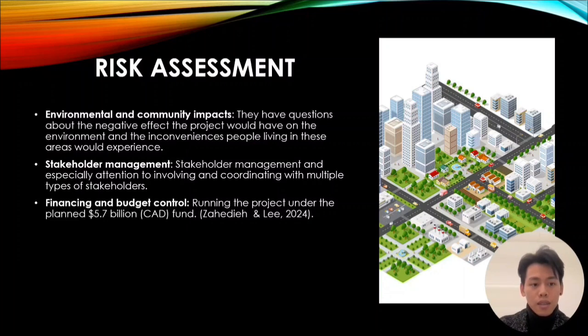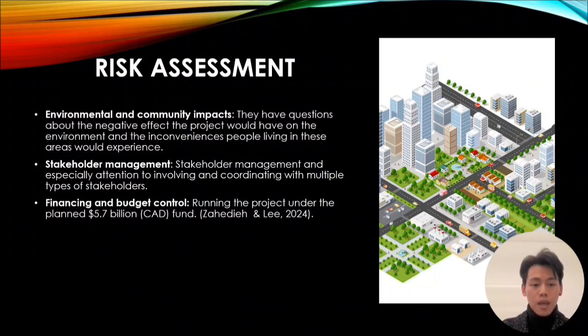These 3 things are highly risky because this is a 2 countries project, so we need to obtain both countries' approval, and the logistics between these two needs to be very well coordinated. The environmental and community impacts, they have a lot of questions of the negative impact for the people that are living in these areas.